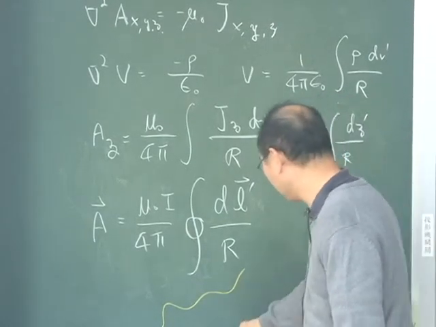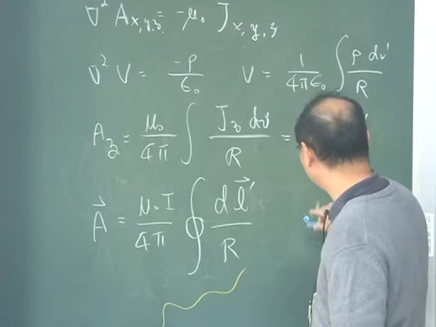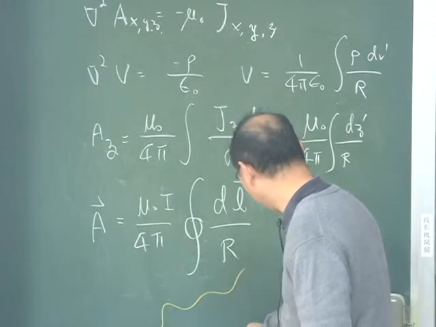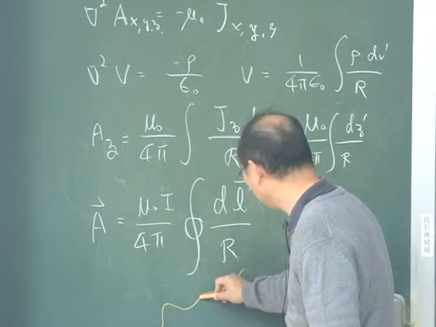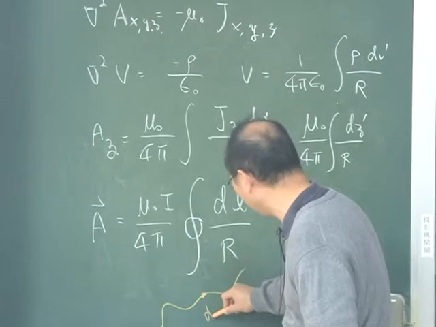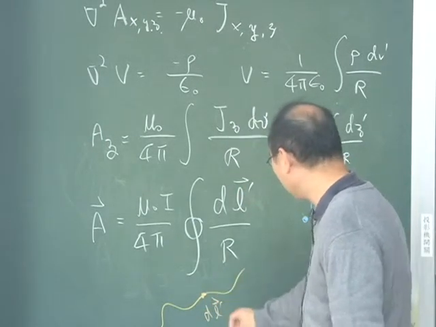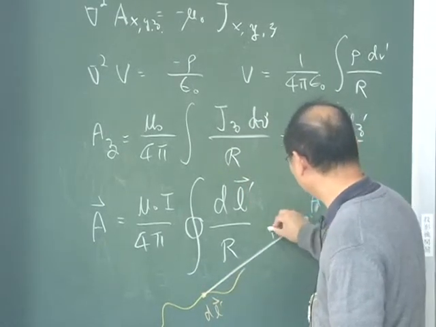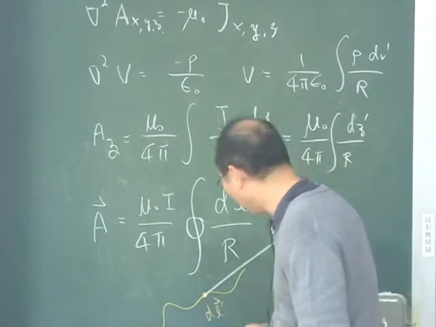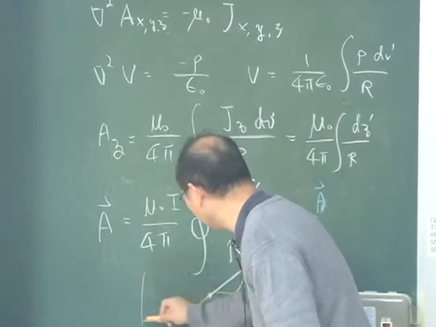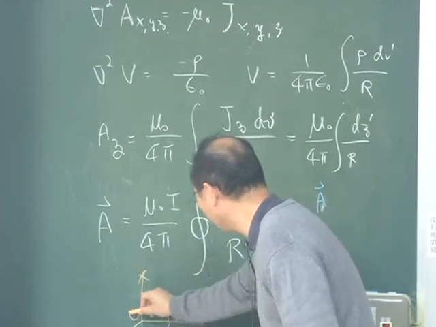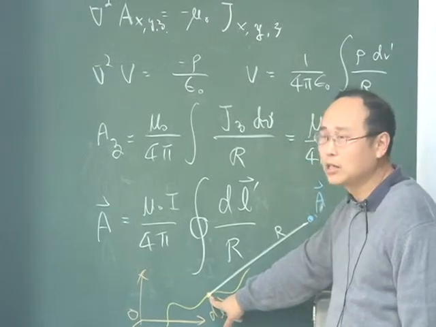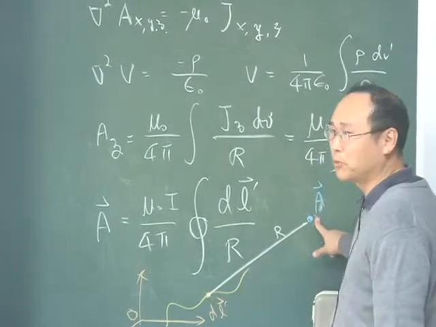Then suppose you are calculating a vector potential somewhere in space contributed by this point of current, dl prime. Then the distance R is from this point to this point. This is your R. Your origin, the origin of your coordinate system, could be here, but this R is from your source to the point of your interest.